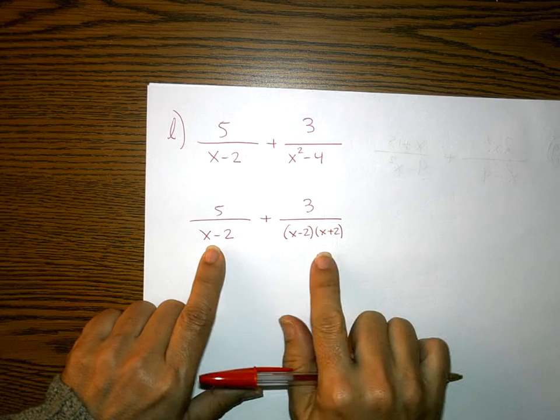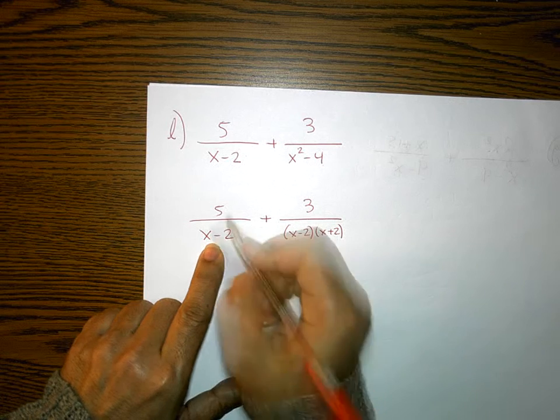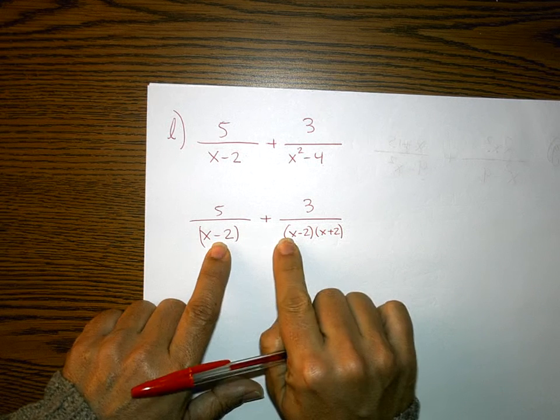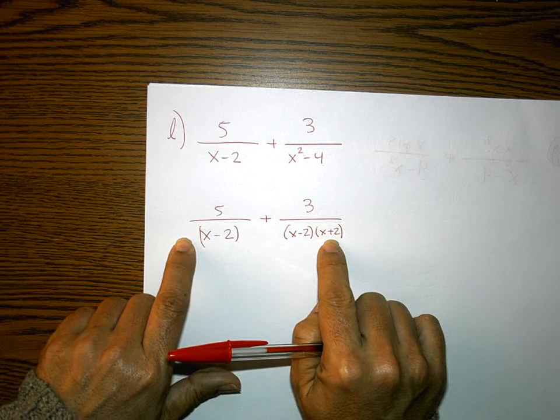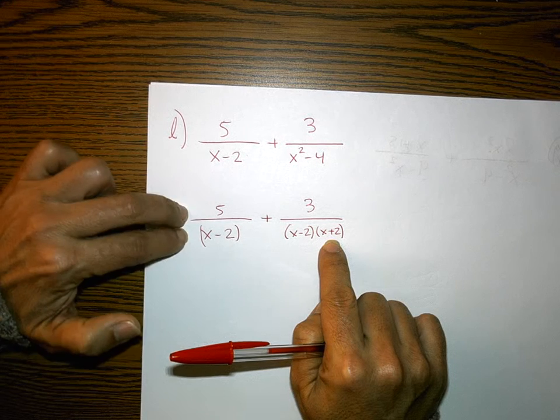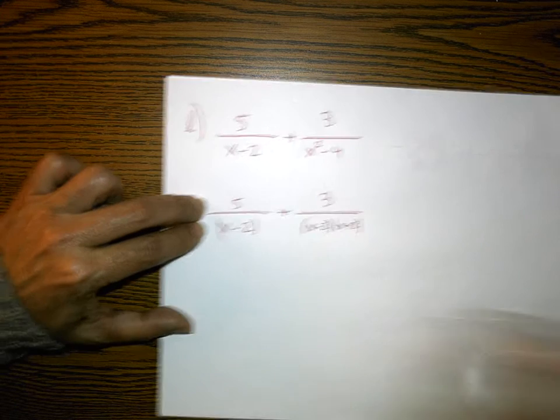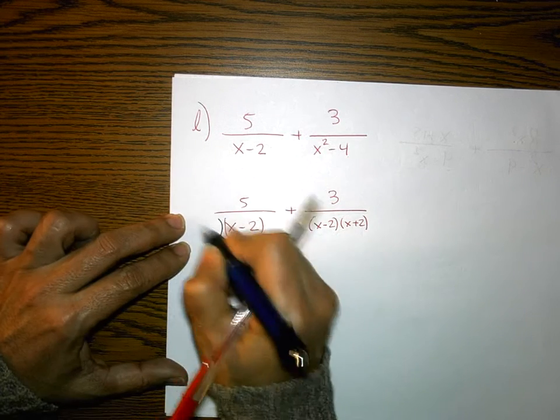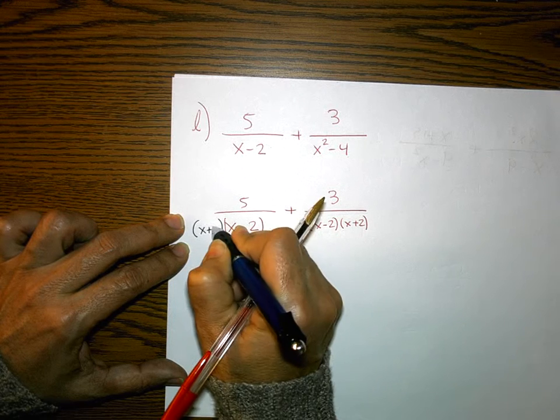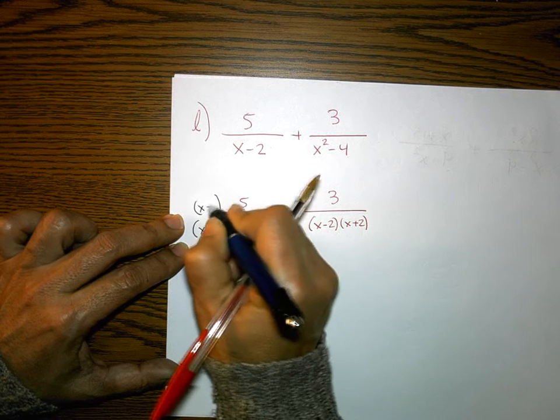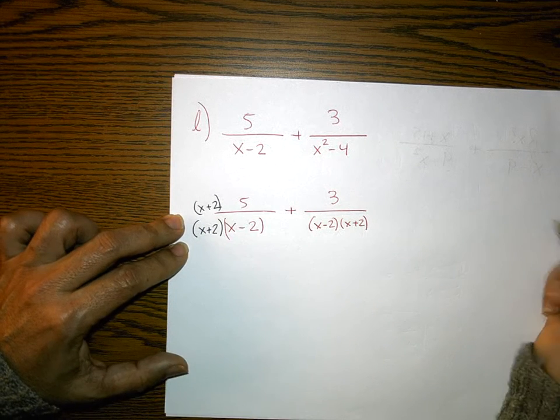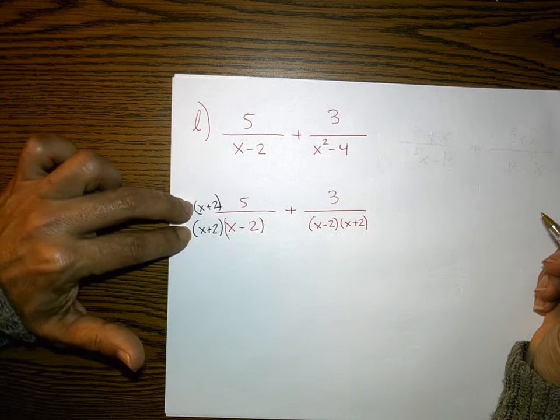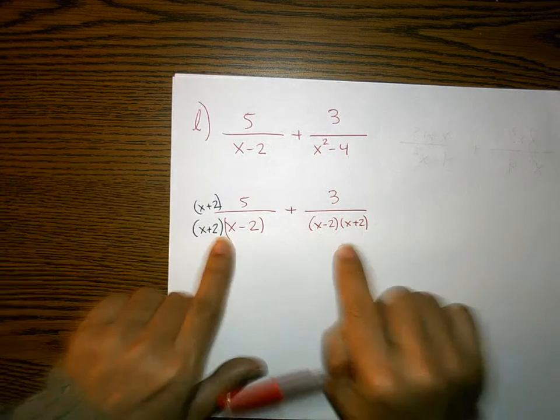So take a look at this. The denominators are not the same. These two quantities over here are the same, but it's missing an x plus 2. If I multiply this other fraction, this other rational, by an x plus 2 on the numerator and denominator, just like we did with the negative one, we multiply one of the fractions by a value that would make the denominators be the same.